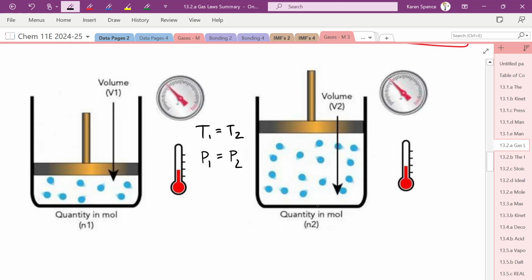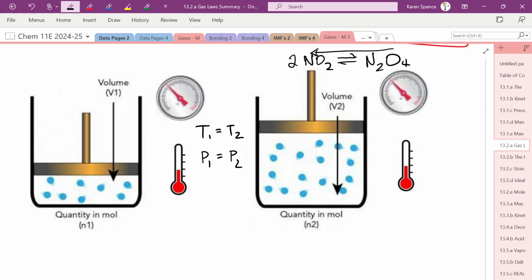Next year, you'll find out that if you have a reaction like this, this is a really common one. If you have 2 NO2 in equilibrium with some N2O4, what can happen is if you increase the volume, it will produce more molecules to fill up that space.